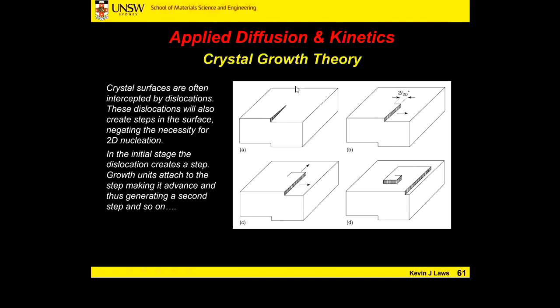Again, using our cube diagrams, Kossel diagrams, we'd have our atom or molecule attaching to the surface, and then it would be seeking out one of these steps or regions of higher structural energy to attach. So from these types of defects, screw or edge dislocations, we can get some very interesting types of growth patterns evolving on the surfaces of our crystals.